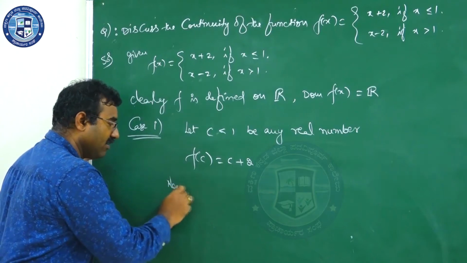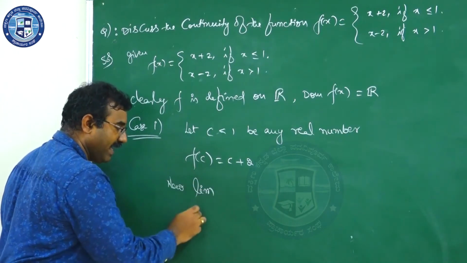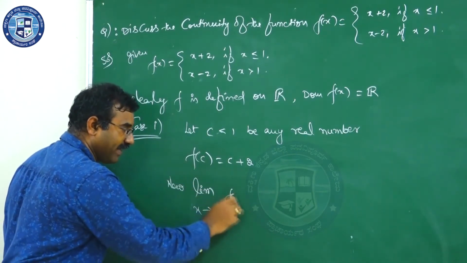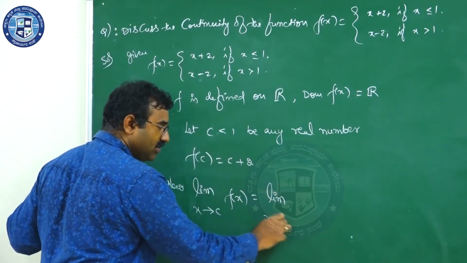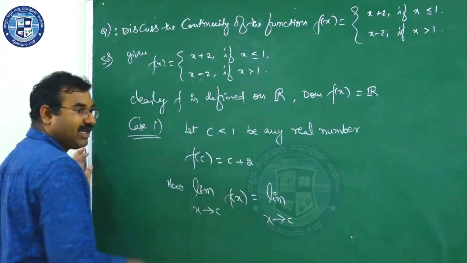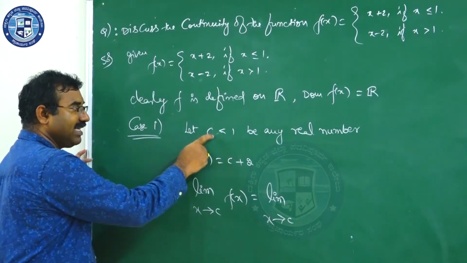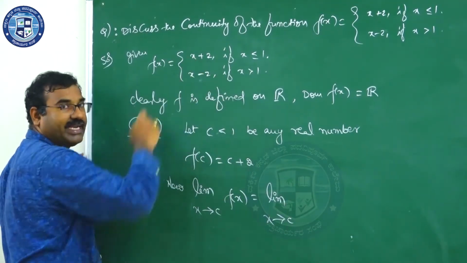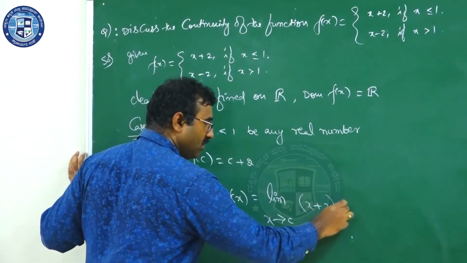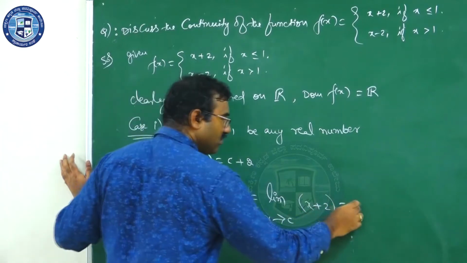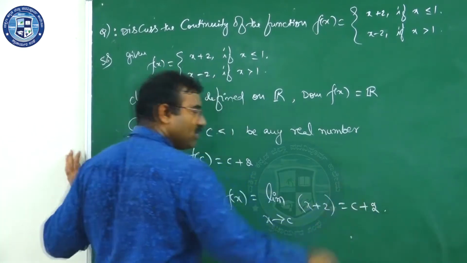Now the limit as x tends to c of f of x is equal to the limit as x tends to c, that means x is coming close to c, and c is less than 1. So which function do we have to take? x plus 2. So it is equal to c plus 2, we get.